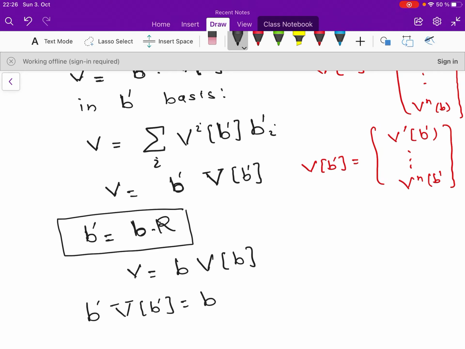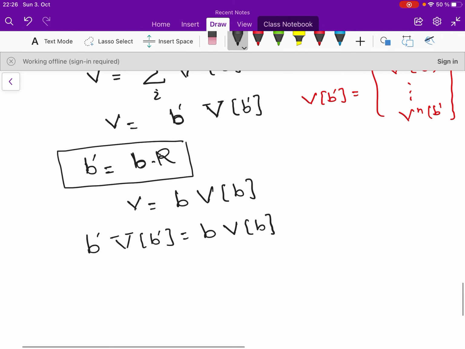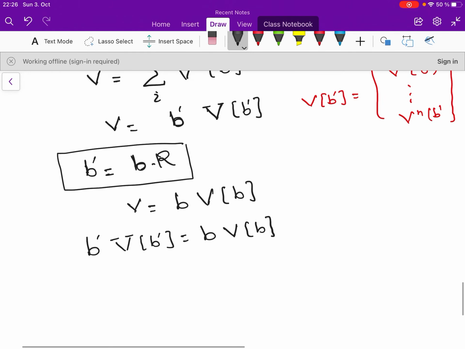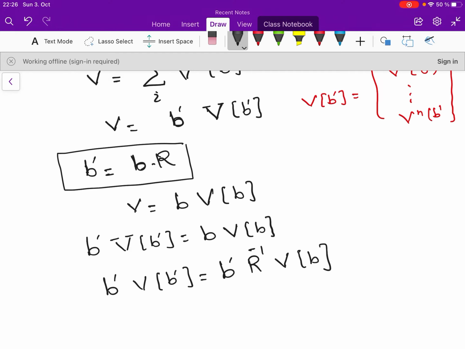So this will become equal to B V_B, and this B can be written as B prime R inverse V_B, because from here you can see that B is equal to B prime R inverse.